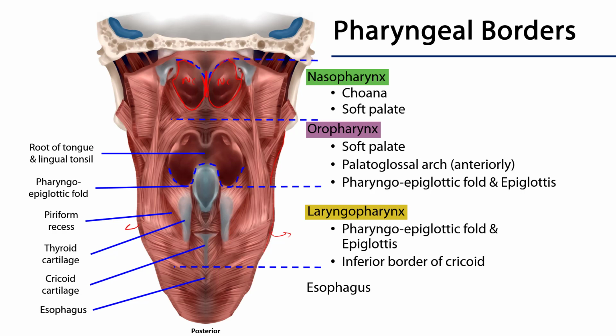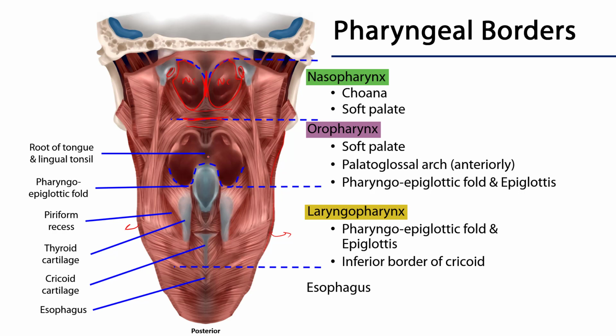We can also see the opening for the pharyngotympanic tubes there and there, and we see a nice soft palate along here. So that soft palate is going to be the dividing line between the nasopharynx and the oropharynx. So here's our oropharynx. We really can't see the palatoglossal arch.